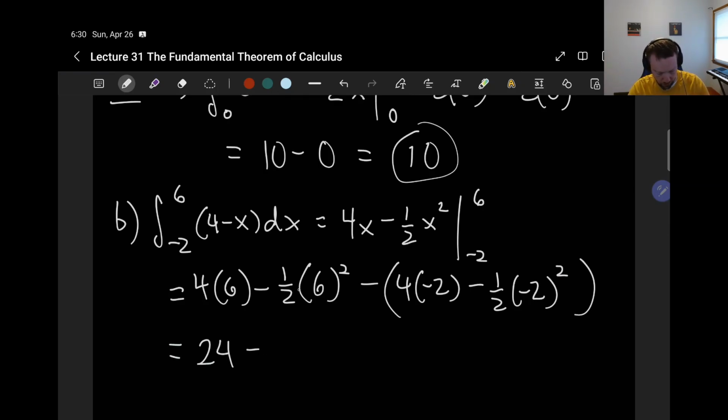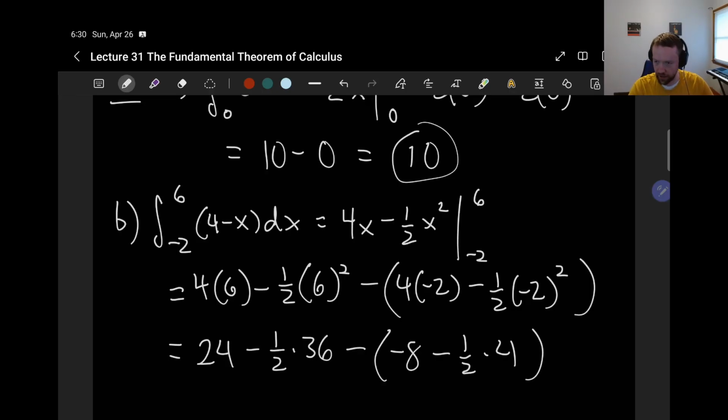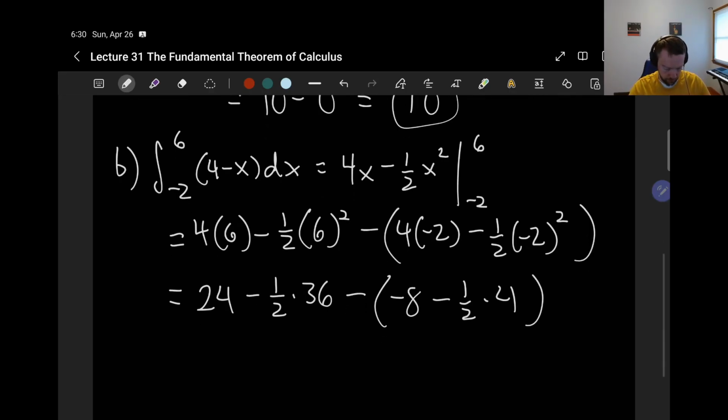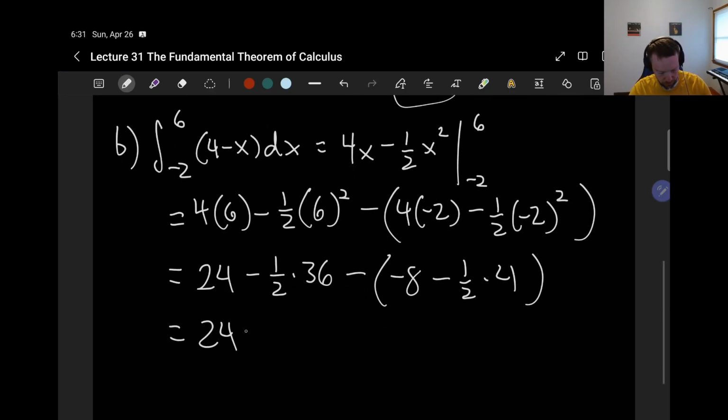We get 24 minus 1/2 times 36, minus -8 and 1/2 times +4 when we square the -2. So 24 minus 18.